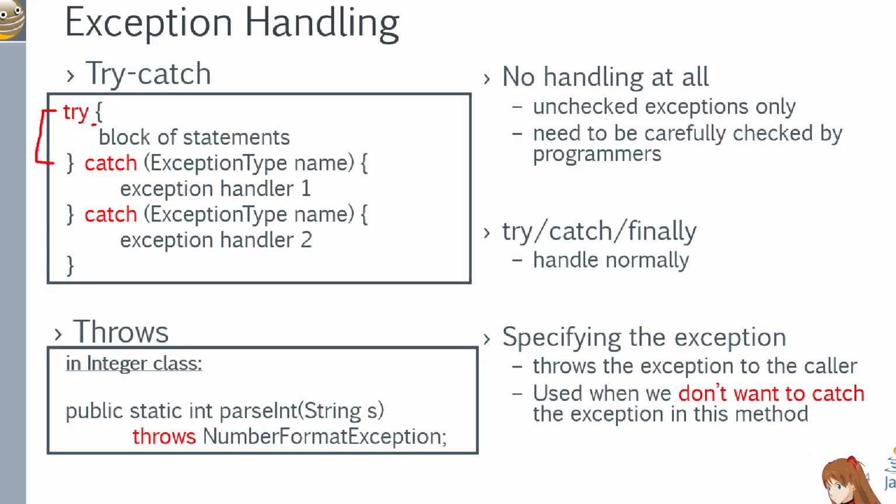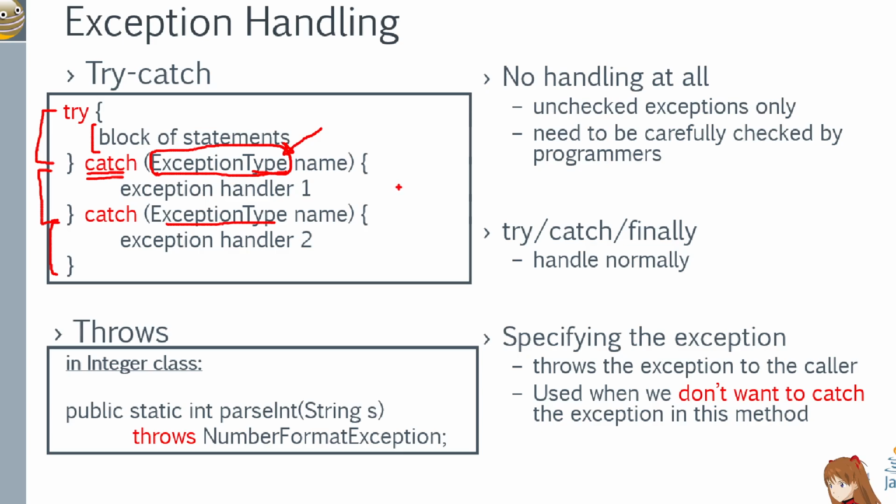So once we surround a block of code that we think can generate exception when it runs, we write catch block after the try block. Where each catch block will deal with each type of exception. Okay? So the first catch will only deal with an error or an exception where it's this type.